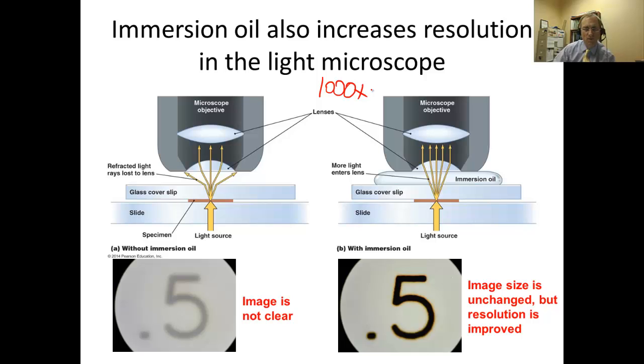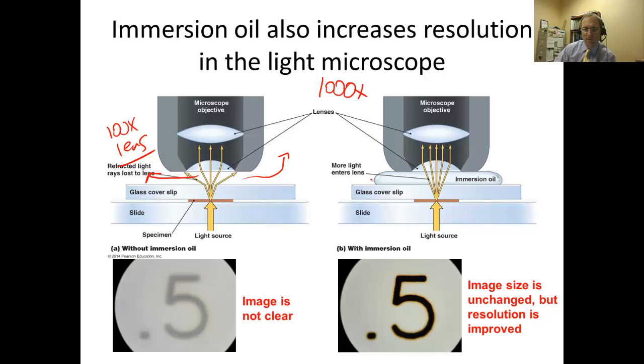If we were to use our highest magnification lens, which is actually a 100x lens, as the light passes through the specimen into the objective and then ultimately to the eye, we would look at the specimen and we would see not a very clear image. And that's because when the light passes through the specimen in the slide, some of the light escapes from the bottom of the lens. We can solve this dilemma by putting in a drop of immersion oil.